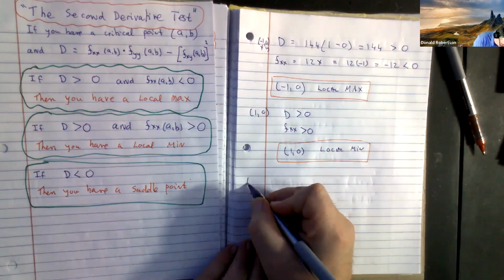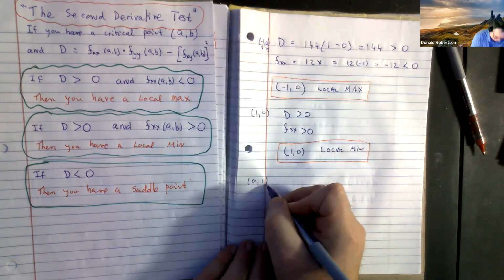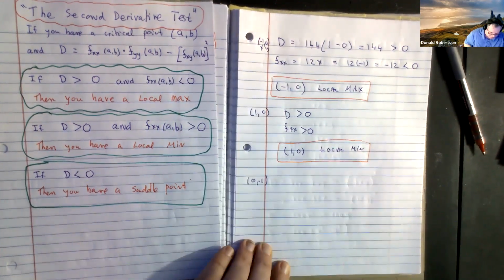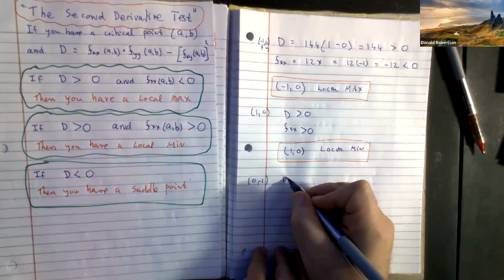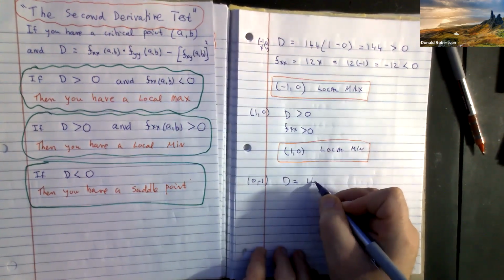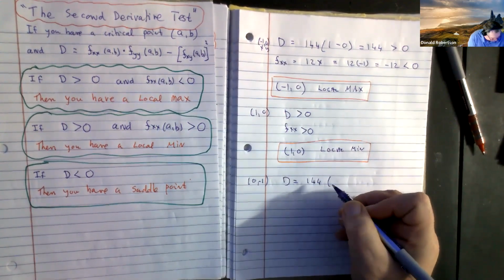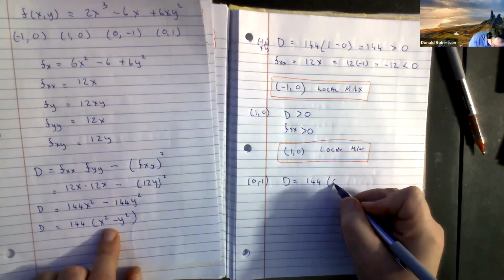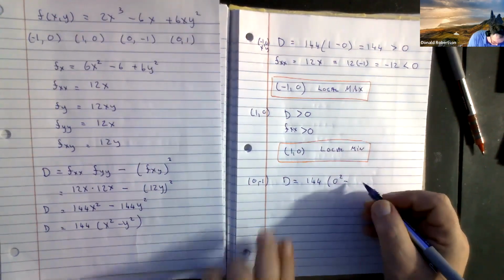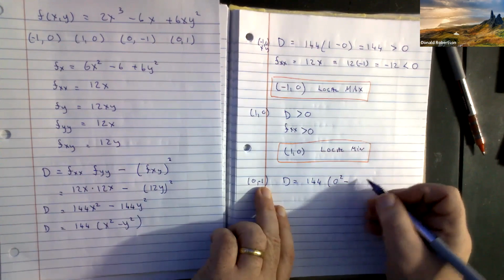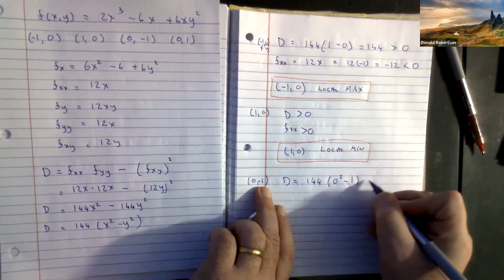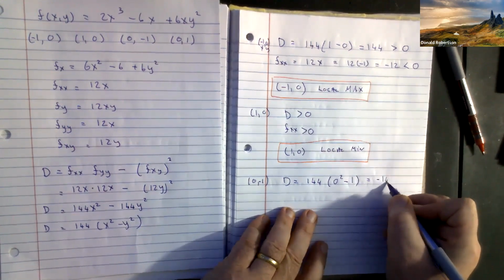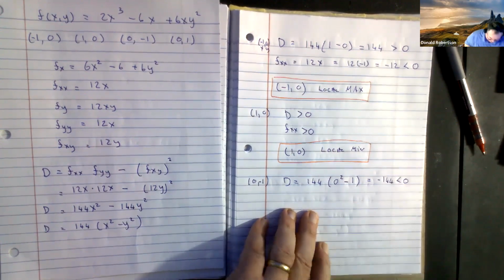If we move on to 0, 1, let's do 0, -1. D is 144 x squared, take away, well, take away -1 squared, take away 1. It is negative d.